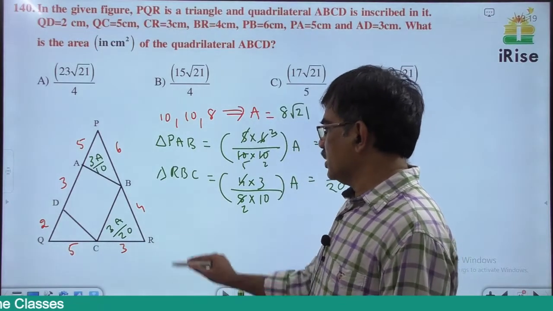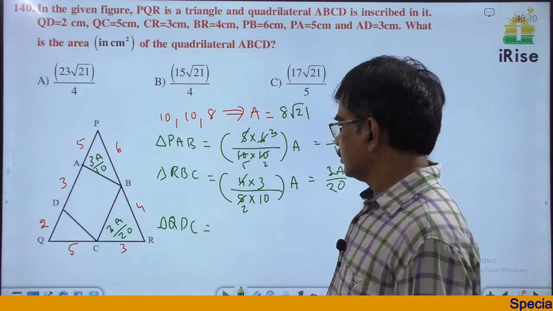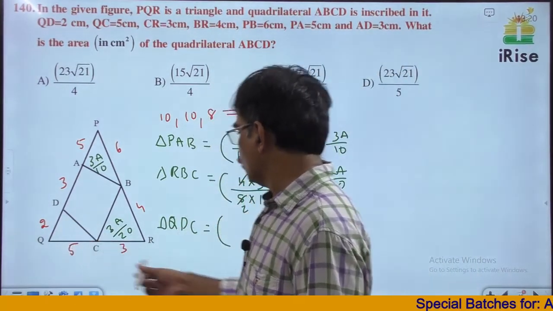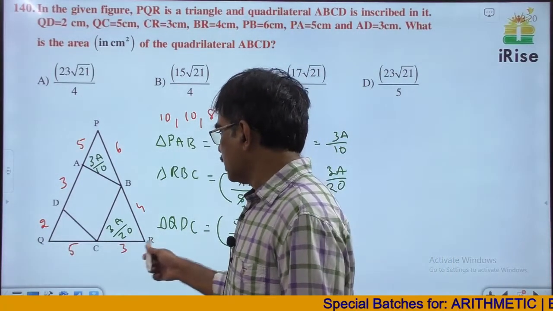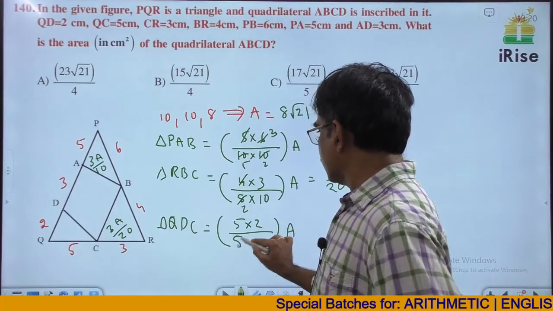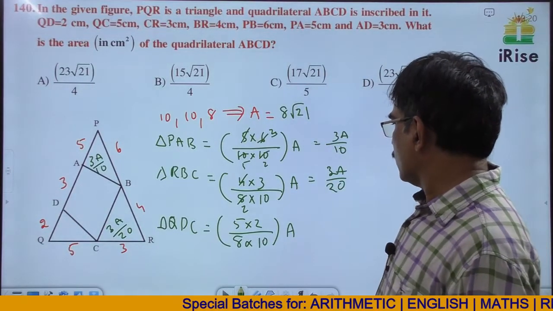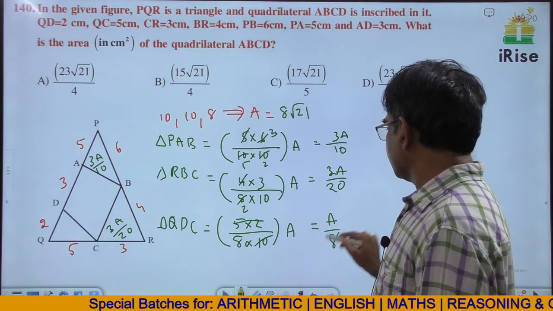Next, what is the QDC part? QDC area. In the total area it is 5 into 2 by, this total is 8, this total is 10, 8 into 10. Then what we get here? 5 2's 10 cancel, we get A by 8.